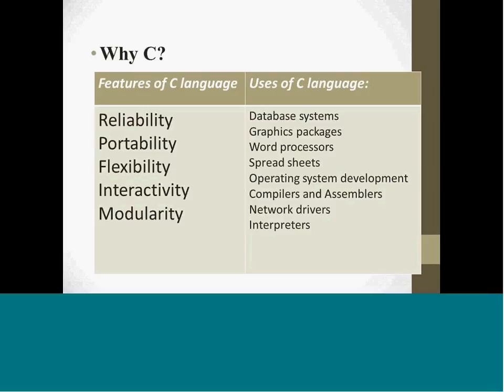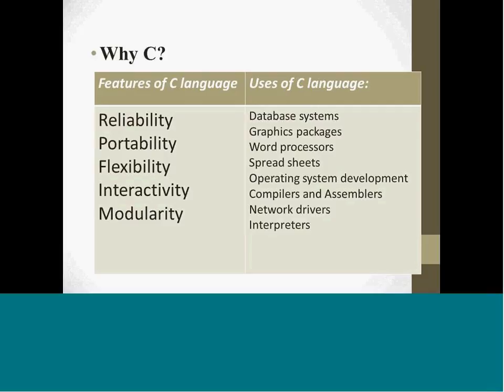Today, C is a popular general-purpose language. It is nearly as fast as code written in assembly language. And efficient C compilers are available for almost all kinds of machines, from Macintosh Apple computers, to PCs, to supercomputers, to Cray supercomputers.